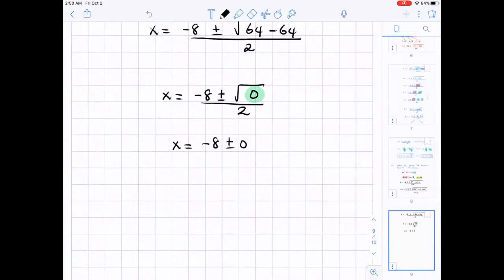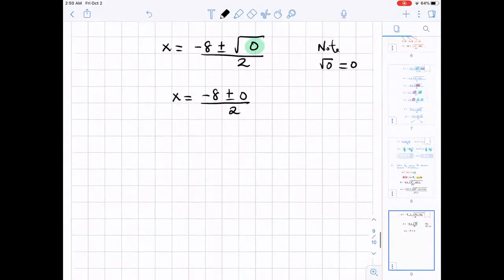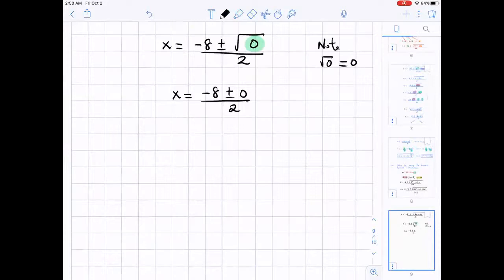We don't need to write plus or minus 0 because this doesn't have any value. So what we're left with is really x is equal to minus 8 over 2. So x happens to be equal to minus 4.